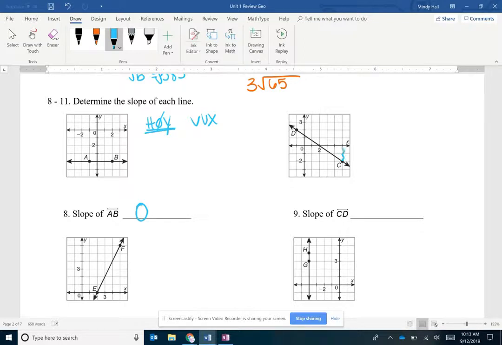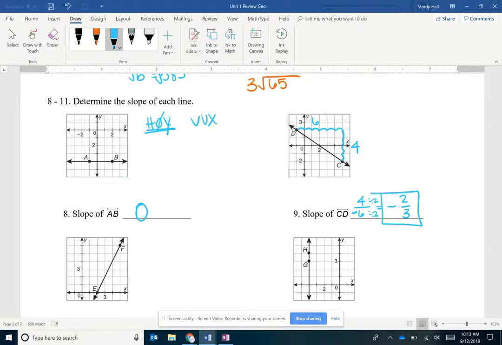We have 1, 2, 3, 4 up, so we have a rise of 4 over a run of 1, 2, 3, 4, 5, 6, so 4 over 6. Now, because I went left, that would be a negative, but I can also simplify this. So 4 over 6 is actually going to be negative 2 over 3 because we divide the top and the bottom by 2.